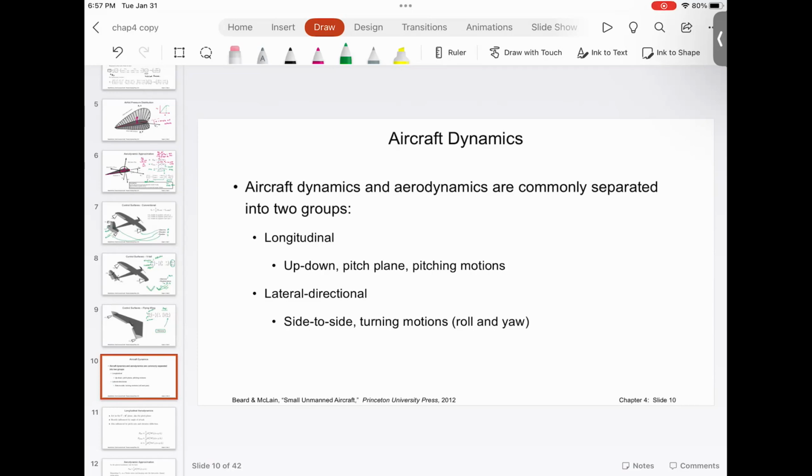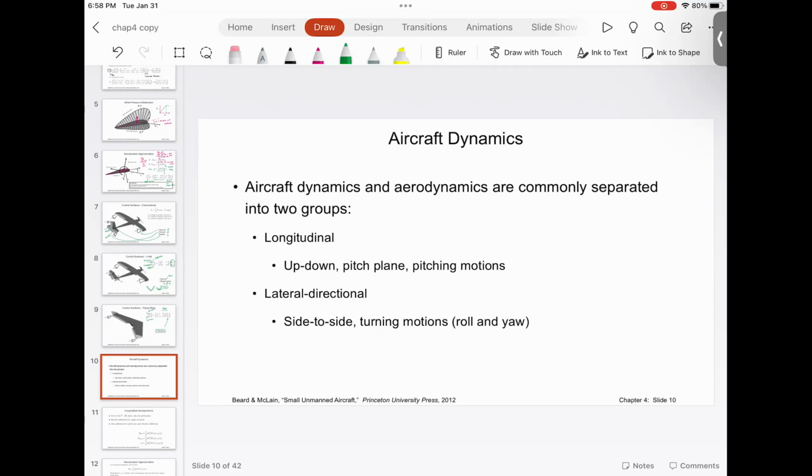We are going to talk about aircraft dynamics in the longitudinal direction, and we are going to talk about the aircraft dynamics in the lateral direction. In the longitudinal direction, you are looking at the motion in the I and K plane, so basically up and down, and the motion is the pitching moment.